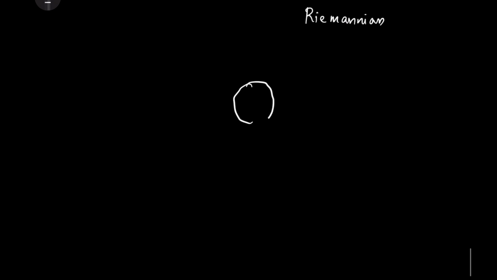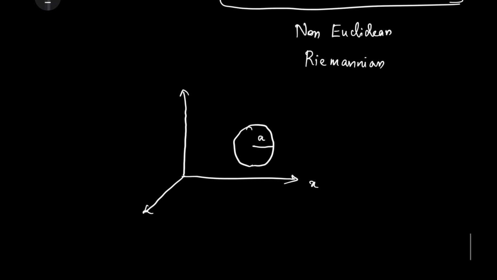Okay, for example, consider a sphere of radius a which is embedded in a Cartesian coordinate system. So this will be x, y, and z.